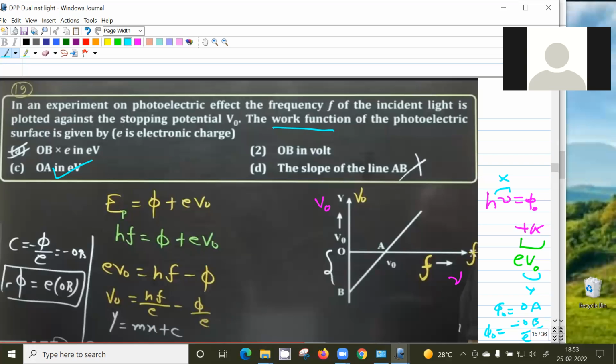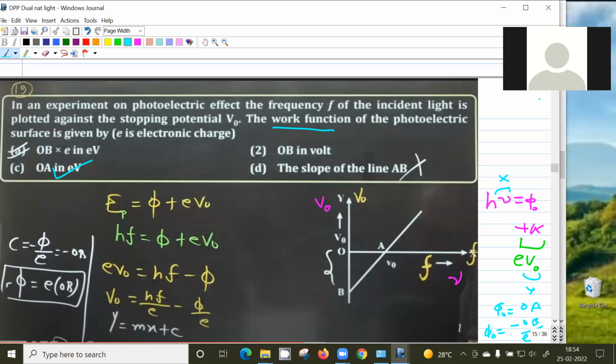Am I making some mistake? See, y-intercept is E V naught, right? Y-intercept is minus phi naught by E, sir. I don't know where that phi naught is present here.